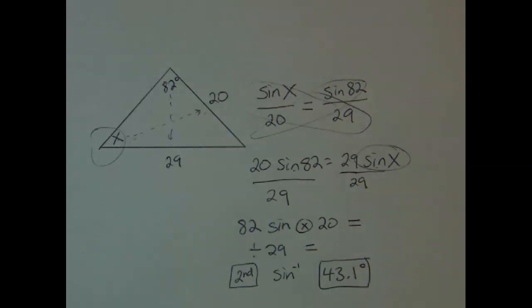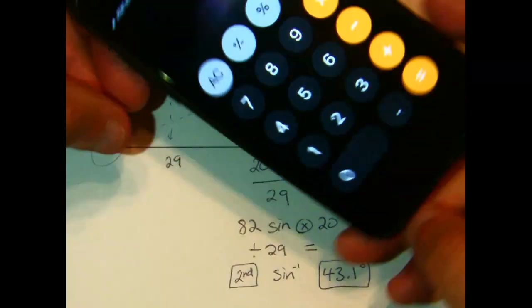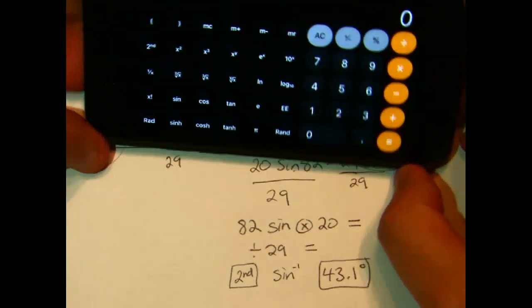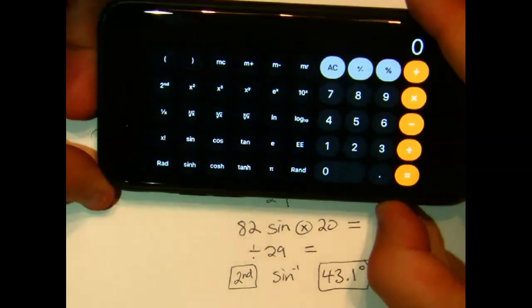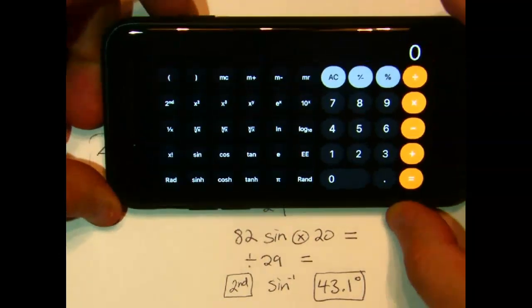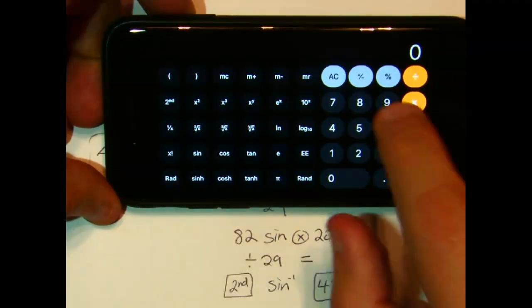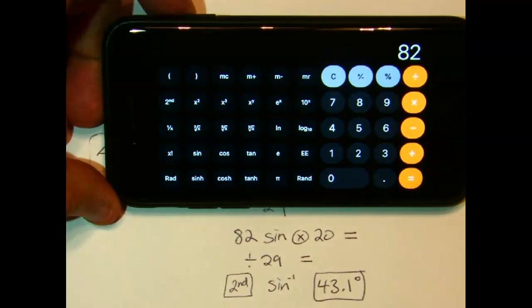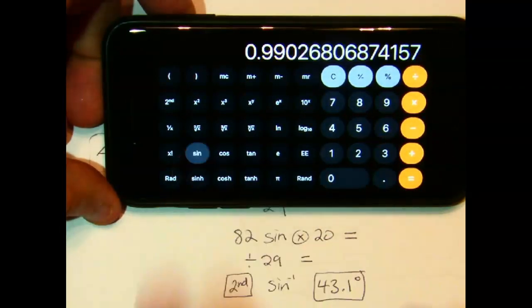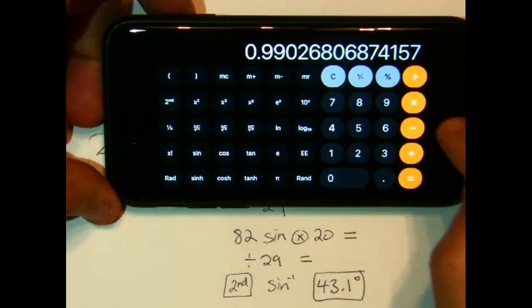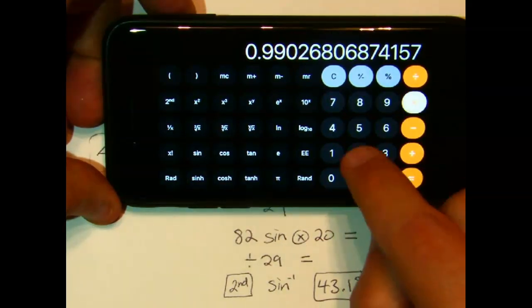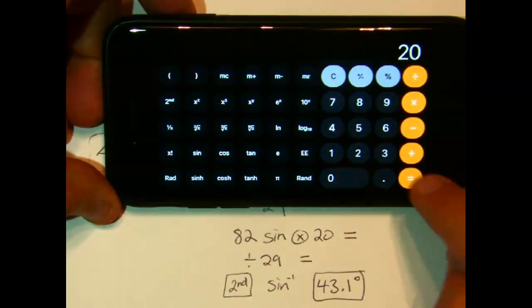Alright, so let's take our calculator and see how this works. Remember from last week, we turn our calculator sideways so we can get it into trig notation. Let's put it in just like I said: 82, sine, times 20, equals.